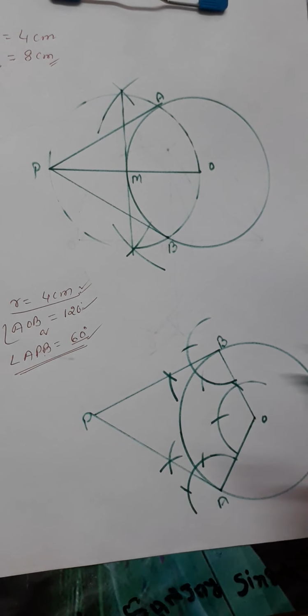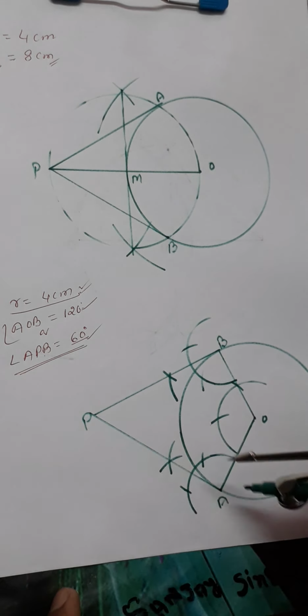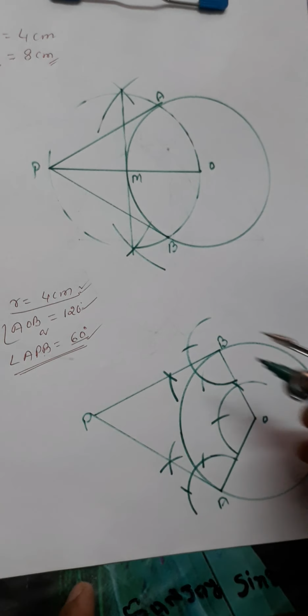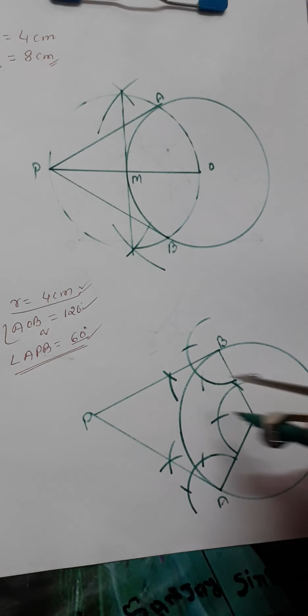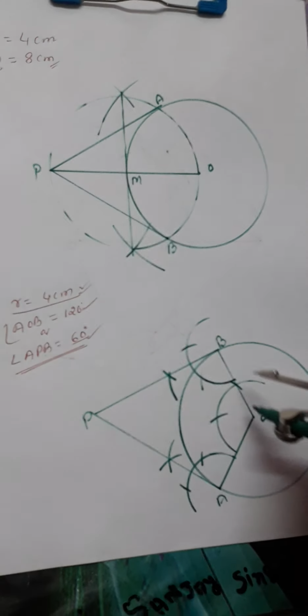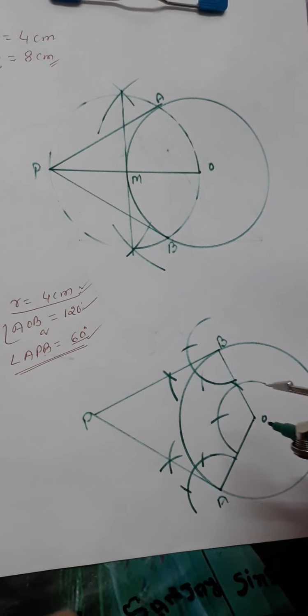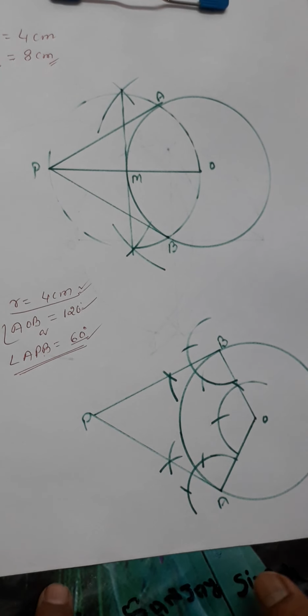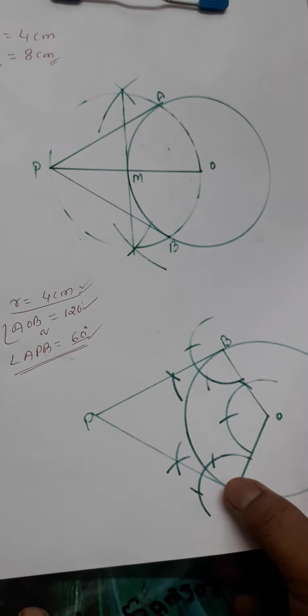Now we have two tangents PB and PA, and the angle will be 60 degree because sum of angles O and P is 180 degree. They are supplementary.